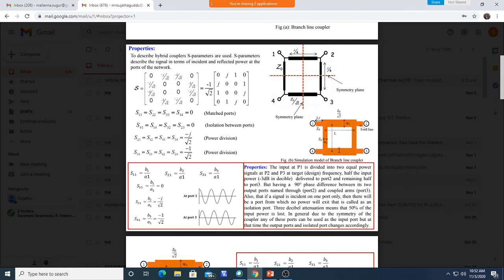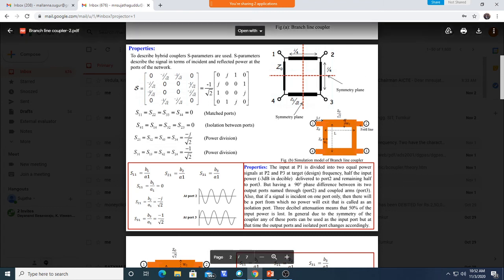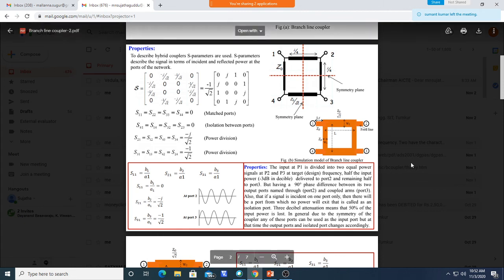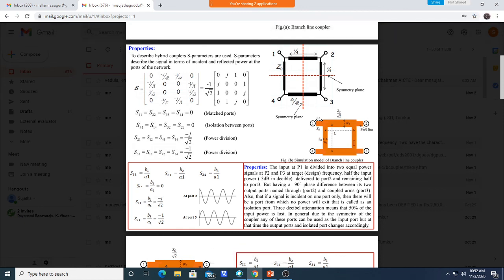If two antennas are there, we would need two sources, and two sources means cost is high. So usually people use a single source and divide the power in half, one half going to one antenna and the other half to another antenna. That's why we use this device for power division.